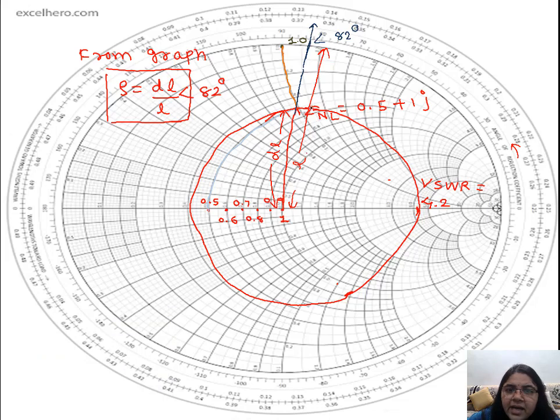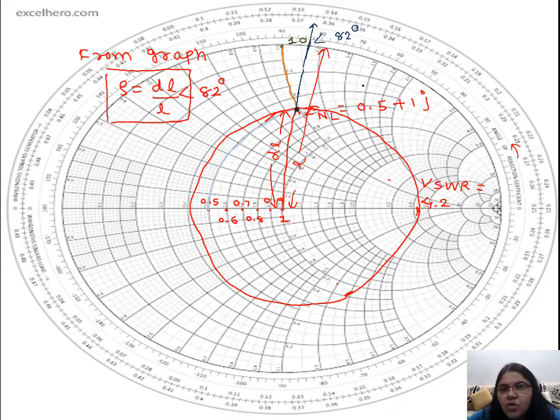What I need to do is extend this line towards this, and over here you can see that it is written, the angle of reflection.